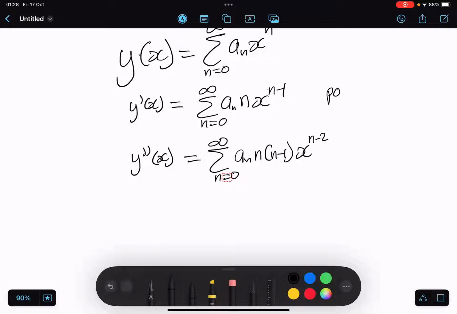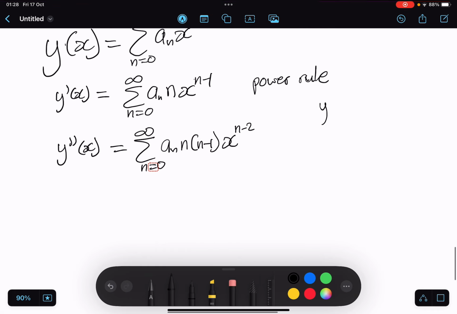I'm using the power rule of finding derivatives. When you're given y is equal to x squared, y prime is going to be 2x, and then you minus 1 here, it's 1, so it's 2x, just simple derivatives. So now I found the first and the second derivative using the power rule.